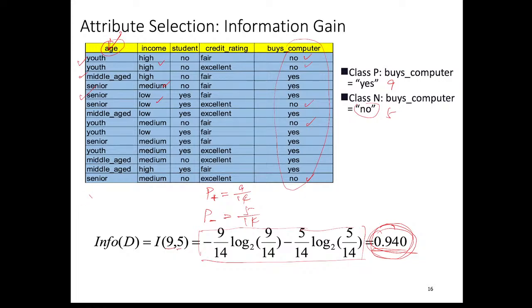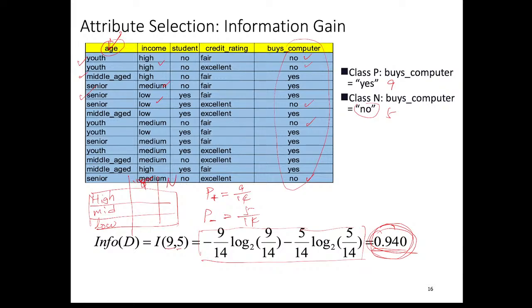If we use income, high, mid, and low, we need to compute the number of buy and not buy.